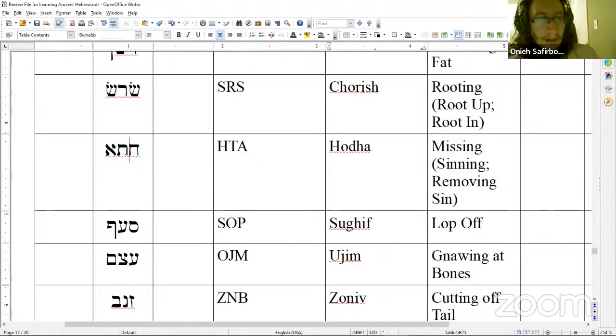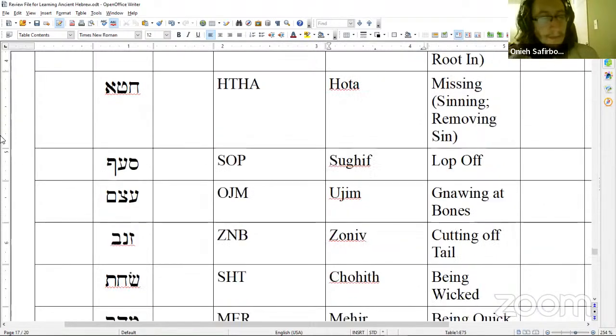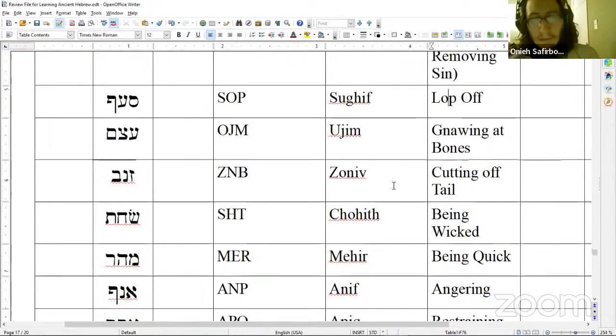And wait, I think it's, yeah. Hata. Sagif, lop off. Jim, gnawing at bones. Zaniv, cutting off tail.